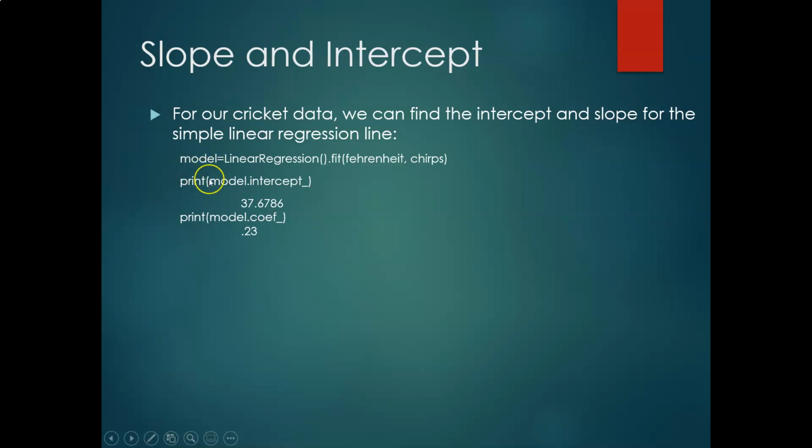And when we go ahead and print out the two values that we need, we'll print out model.intercept, and that gives us our intercept, and we'll print model.coefficient, which is really our slope, but that's what Python calls it. So when we determine the line that we want to draw to show the relationship between cricket chirps and temperature, we start on the vertical axis at 37.68, and we then multiply each instance of x by 0.23 to determine how rapidly the line will increase as you move from left to right.